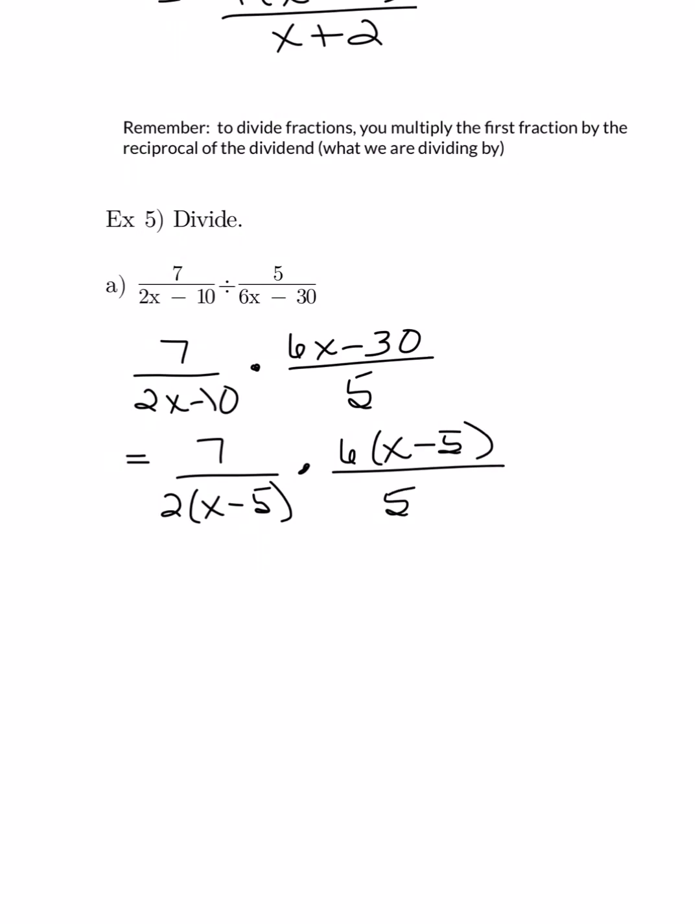Do we have any like factors, numerator and denominator, that we can simplify as a 1? We have x minus 5 and x minus 5 in both. So now we have the 7 times 6, which is 42, over 2 times 5, which is 10. Those both divide by 2, we get 21 over 5.